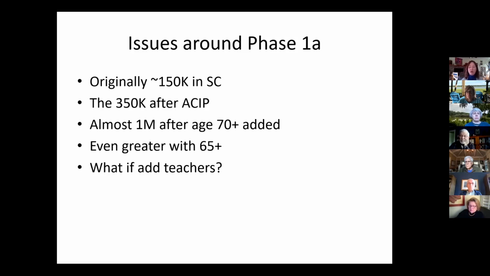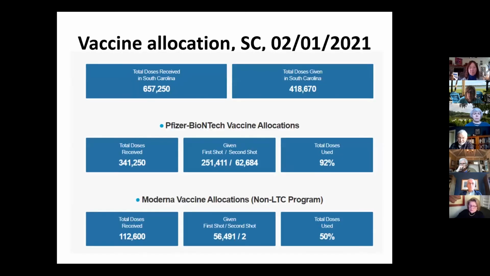And so I'm not sure what will happen when we add teachers in terms of what that might mean for morbidity and mortality in the state. If our number one goal in the state is reducing deaths, then certainly adding by age makes a lot of sense. Adding teachers is a really complicated question.